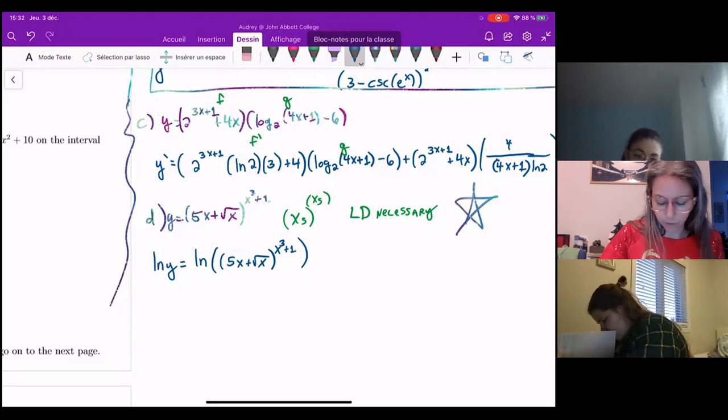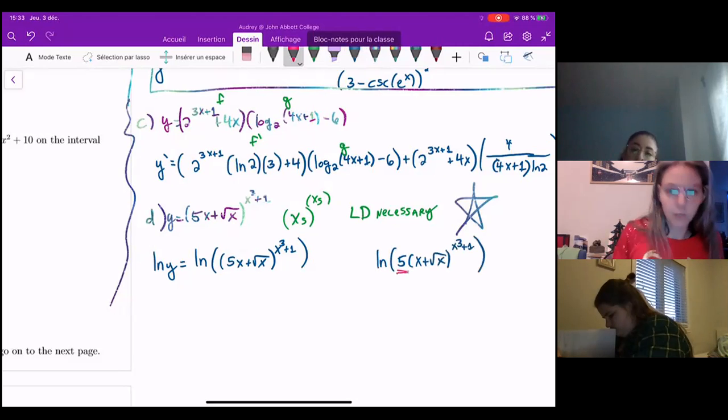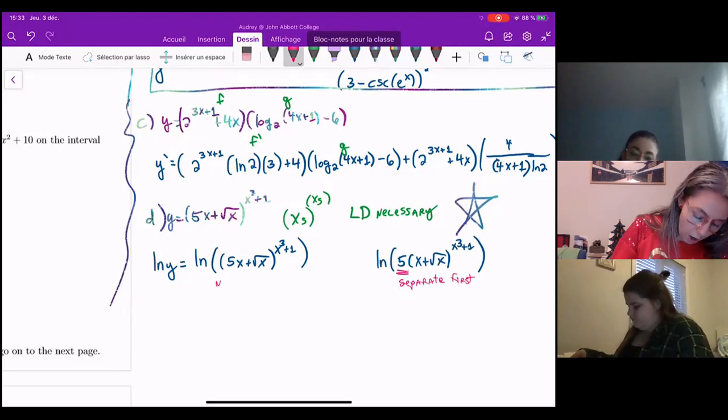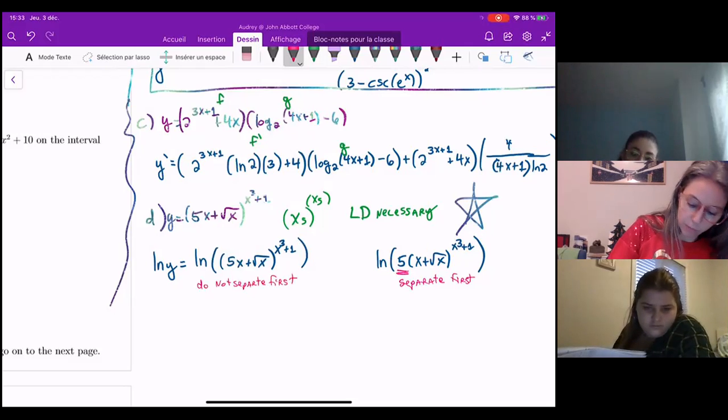I bring it to the front first. Remember the difference between like this. This would be separate first because that 5 is out front, it's not to the power. So this one would be separate first. This one is not separate first. I just bring that x cubed plus 1 straight down.